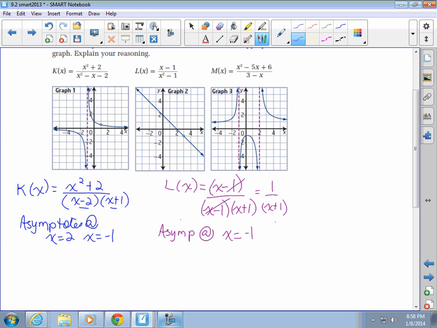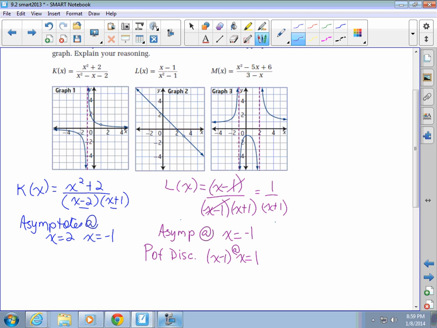My point of discontinuity then happens where the factor canceled. So x minus 1 was my factor that canceled. So that means x is equal to 1 is where my point of discontinuity is.